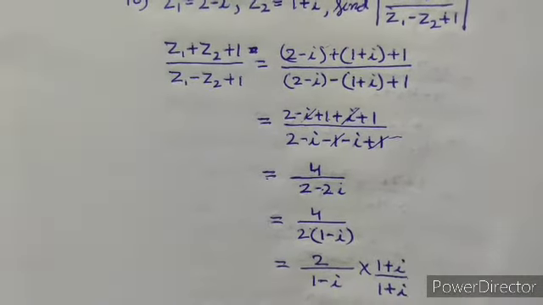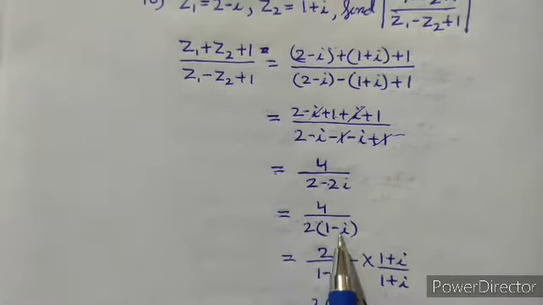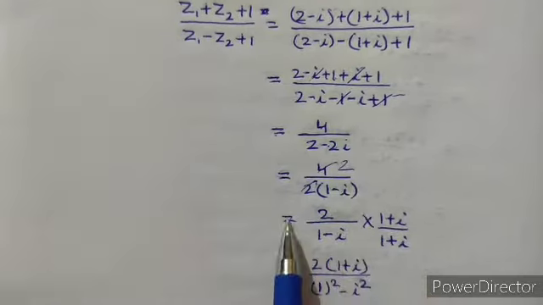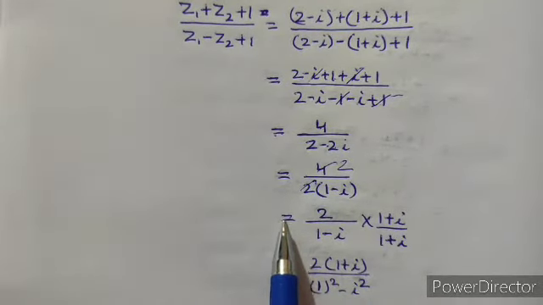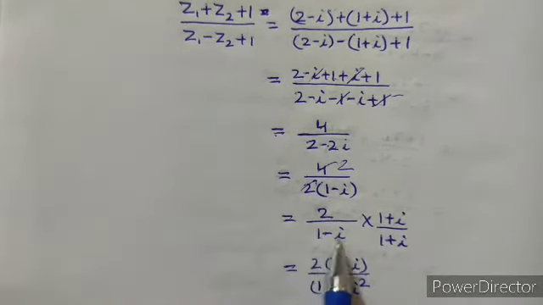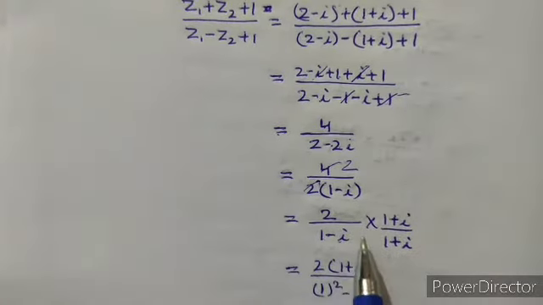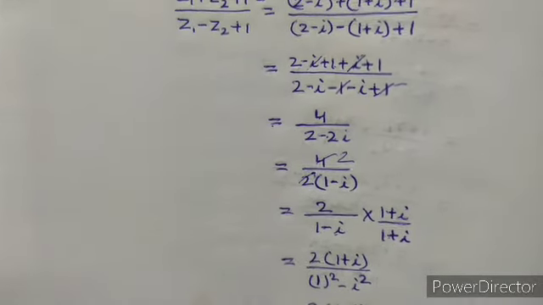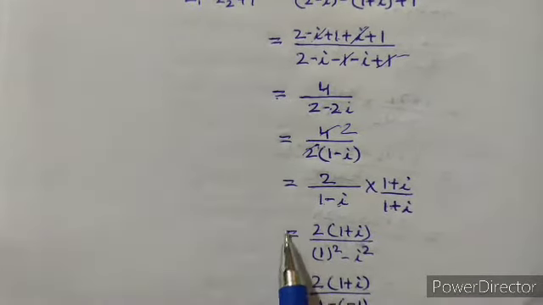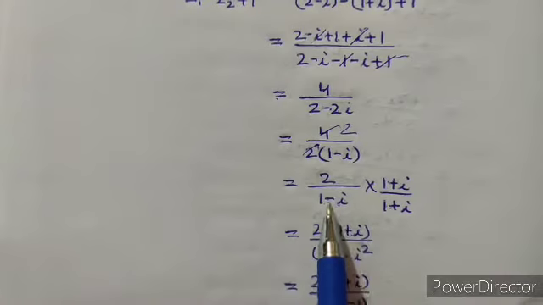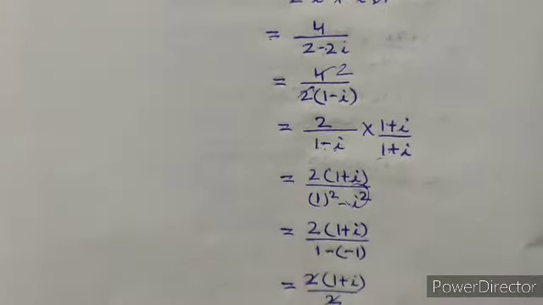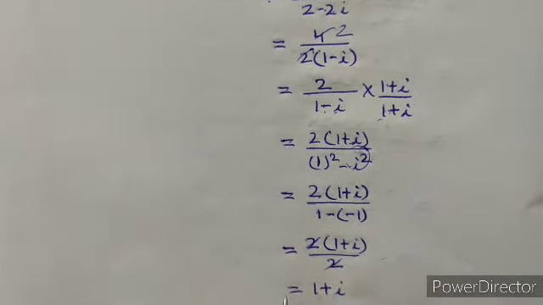Now 2 - 2i can be written as 2 into (1 - i), and that will give us 2 upon 1 - i. We can rationalize it by multiplying the numerator and denominator by 1 + i, and that will be equal to 2 into (1 + i) upon (1 square - i square), and -i square can be written as -(-1), which on solving is giving us the answer as 1 + i.